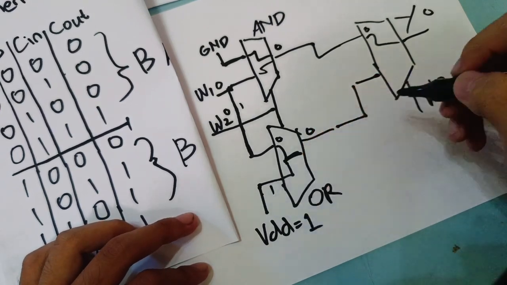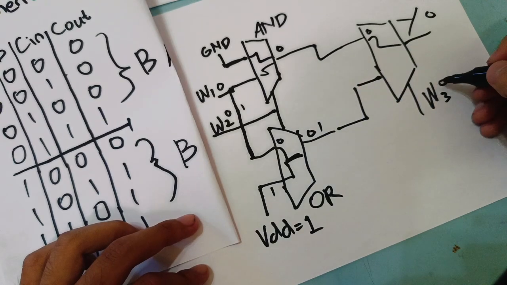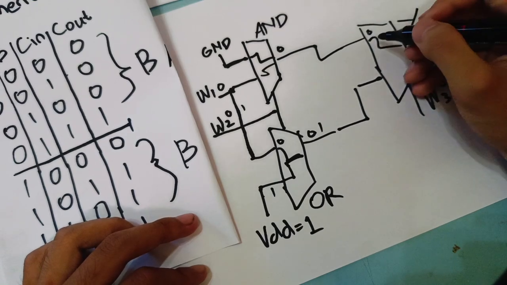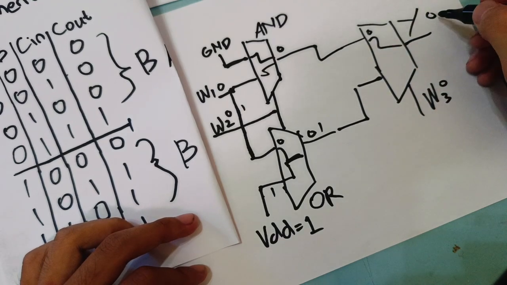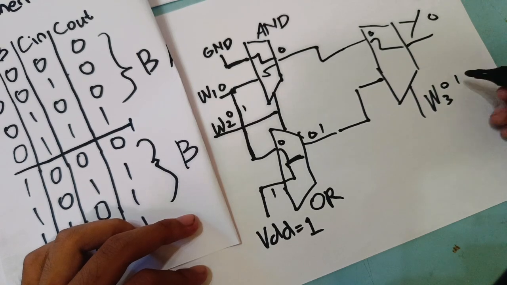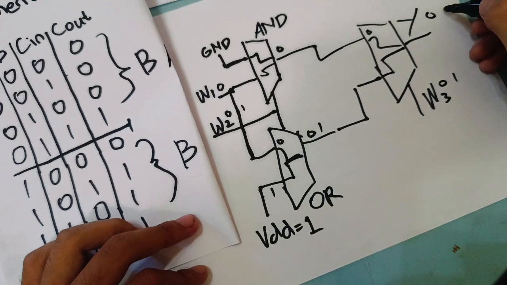This input is 1, so the output is 1, but W3 is 0. That means it will choose this input as the output. The output will be 0. But if W3 is 1, it will choose this input, then the output will be 1.